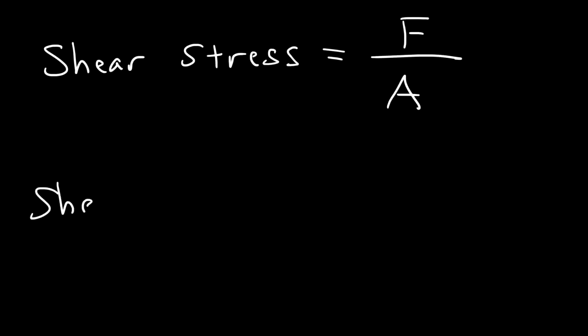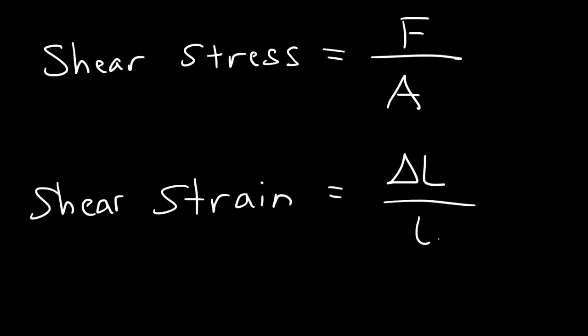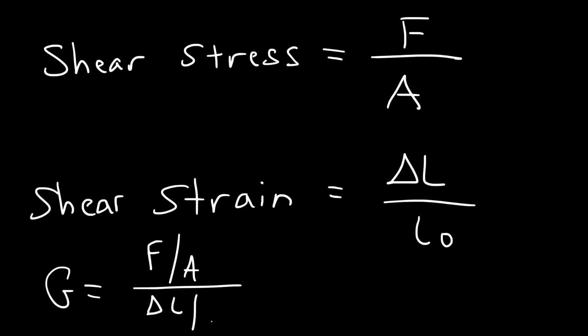And the shear strain is simply delta L divided by L0. So G, the shear modulus, is going to be F divided by A, the stress, divided by the strain, delta L over L0.